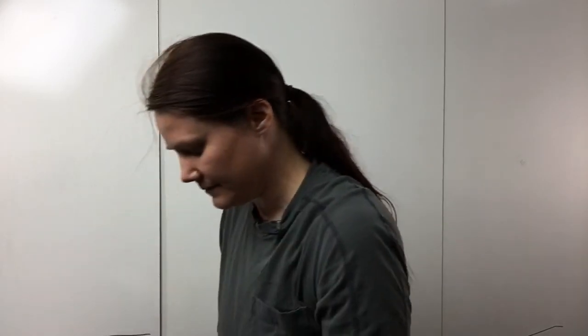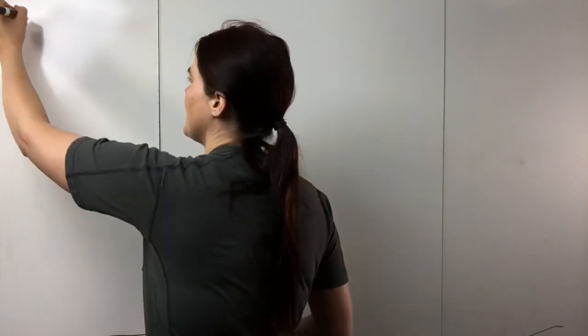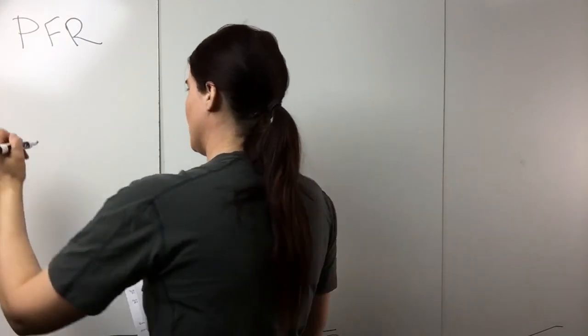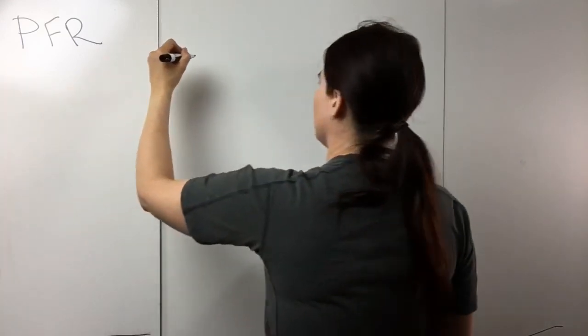So anyway, for example 6-6, and I guess also 6-5, you have a PFR, and you have 3 reactions occurring. I'll write them right here.